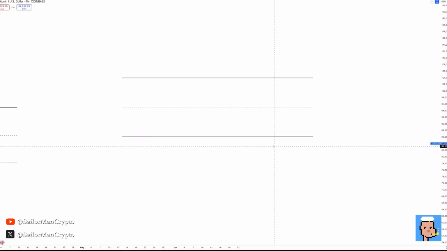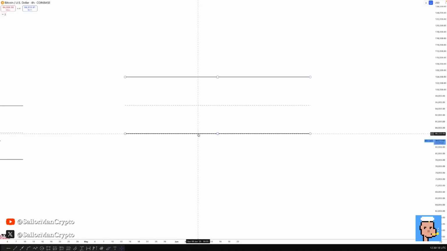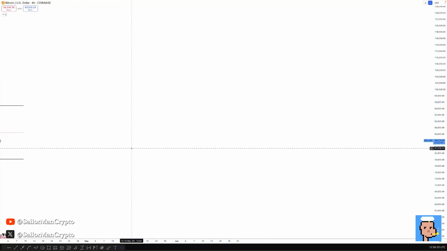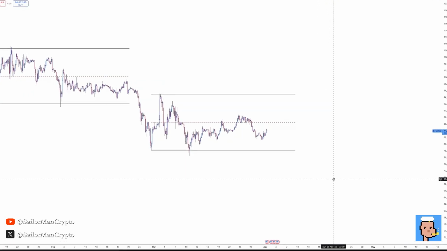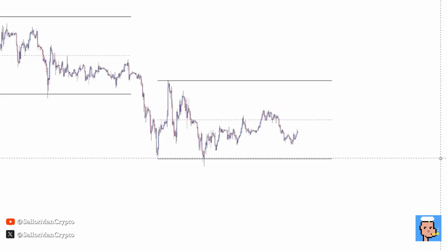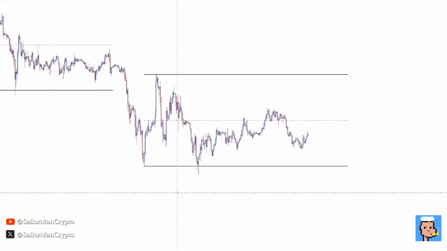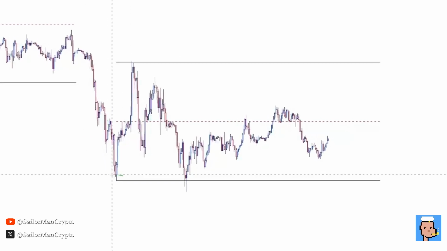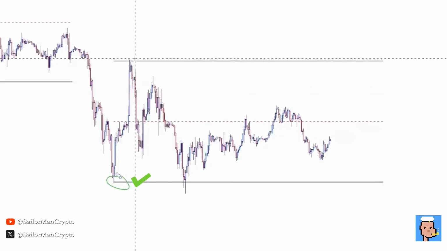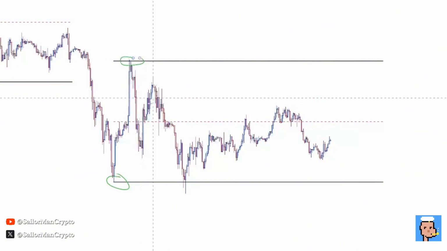Let's try to see some deviation that happened, for example, in the Bitcoin chart. This is, let's say, one of the recent price actions. So as we said, we do have the formation of a range low, range high.